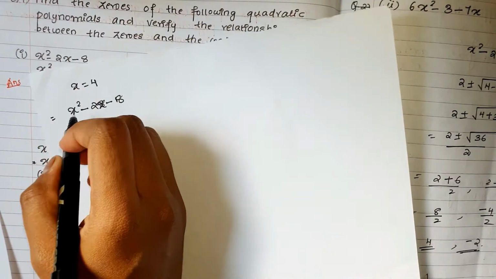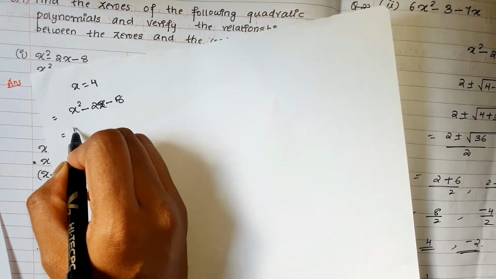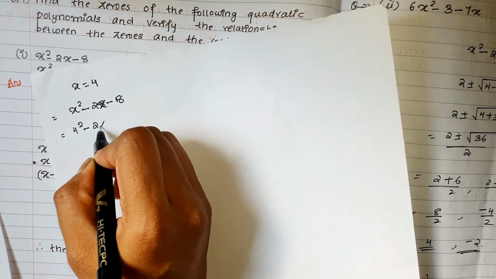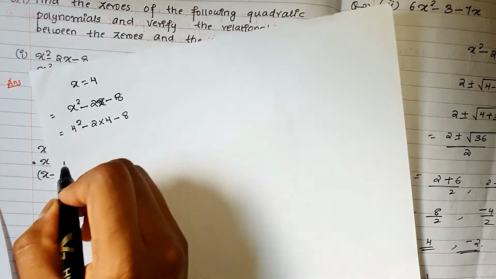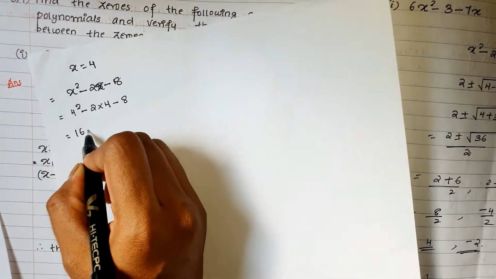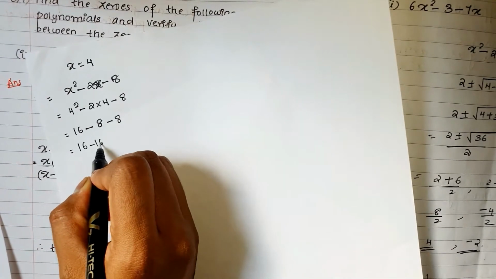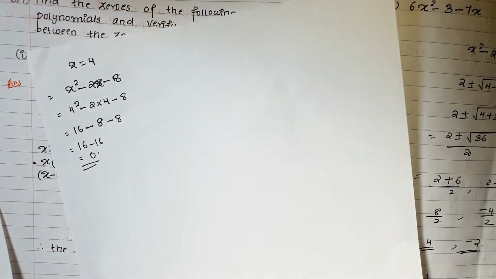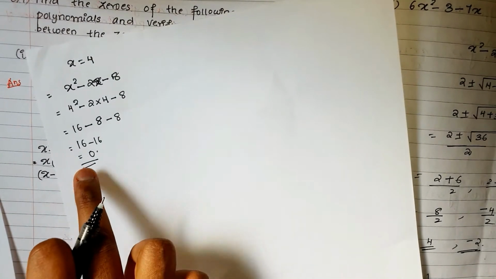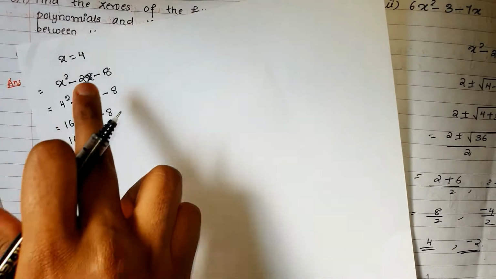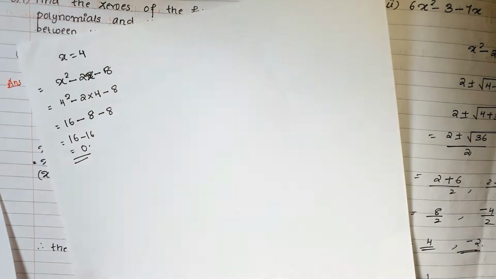So I am putting the value of x, 4. 4 square minus 2 into 4 minus 8. 4 square is 16 minus 8 minus 8. That is 16 minus 16. So the value is equal to 0. So zeros means this particular point will satisfy our polynomial.